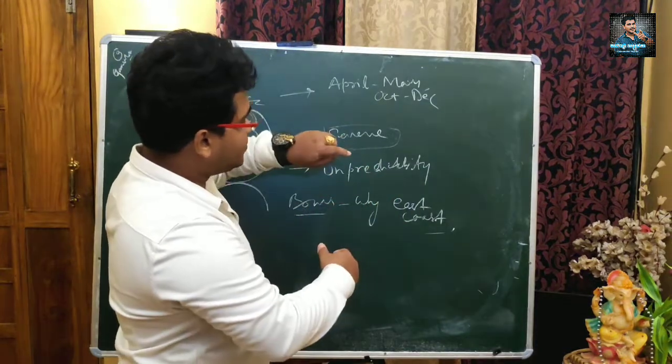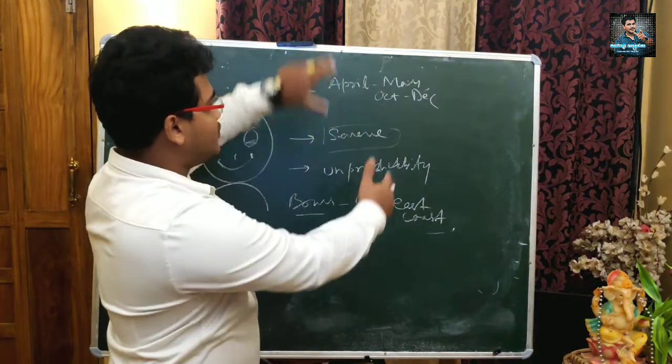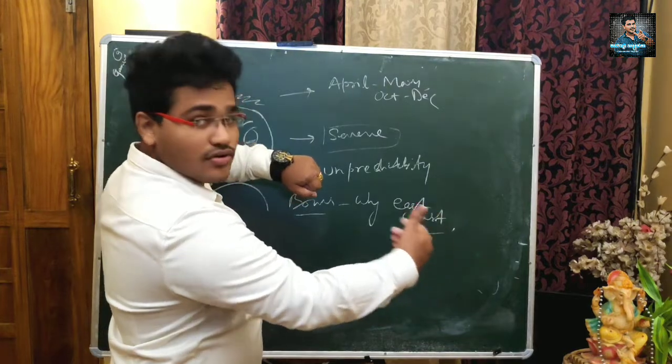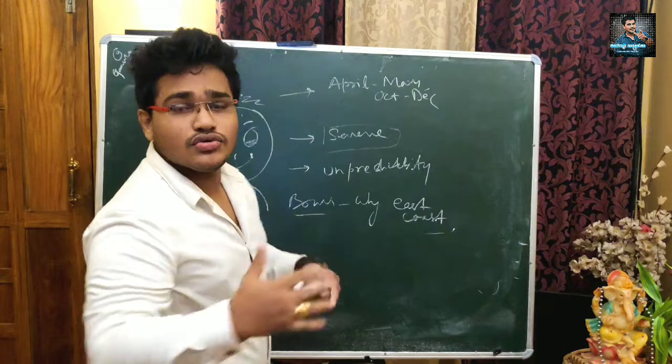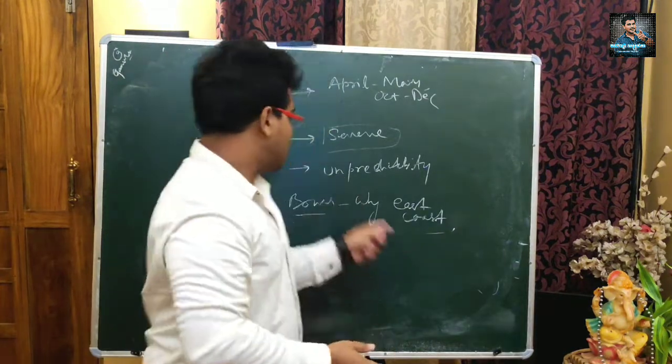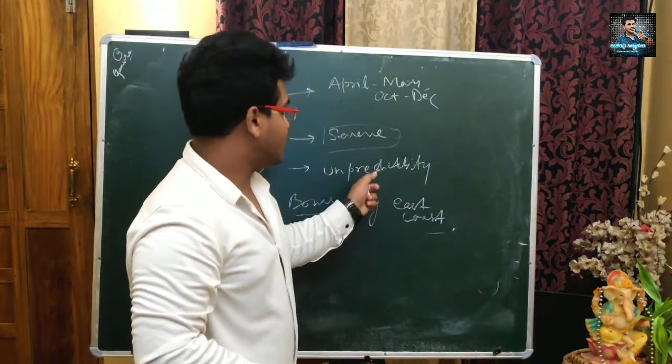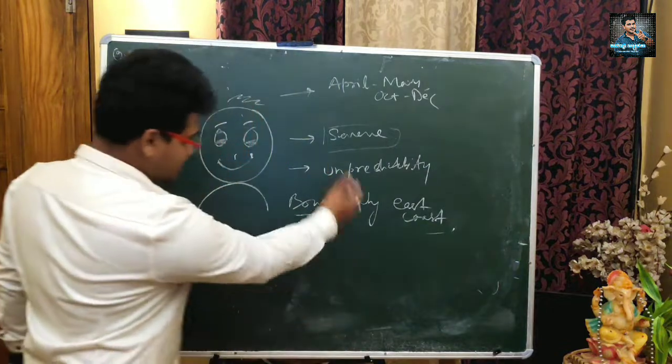So if a low pressure pocket is here, someone is here, someone is here, the cyclone originated, it gets connected here, it gets connected here, it goes there. So the direction is never sure. So that unpredictability we have also discussed.